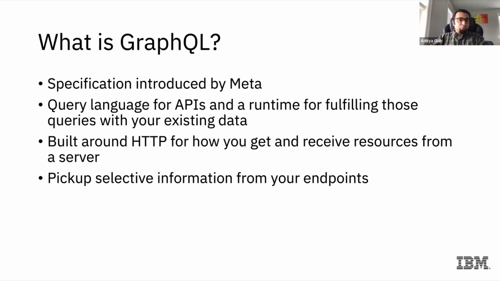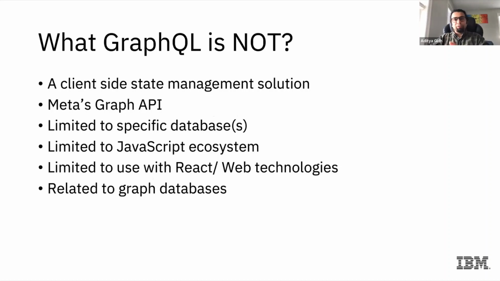But I want to clear up some misconceptions on what GraphQL is not, because it's easy to confuse GraphQL with a lot of things. GraphQL is not a client-side state management solution. Quite often client applications need to perform some sort of state management, or caching, or cross-page consistency. But GraphQL is none of these technologies, so it's not going to replace things like Redux or Relay.